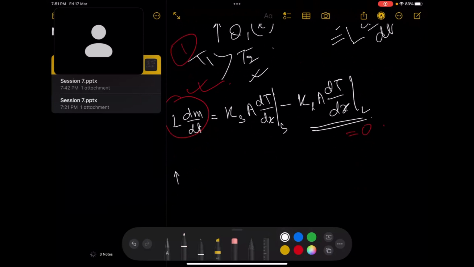You can change the mass transfer rate by breaking down the mass as rho and velocity, multiplied by your area, so rho v.